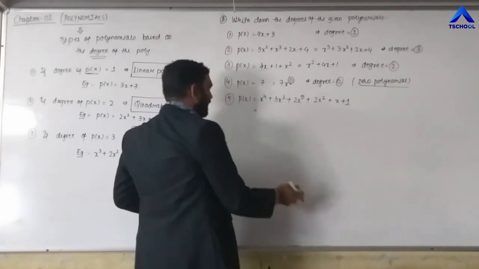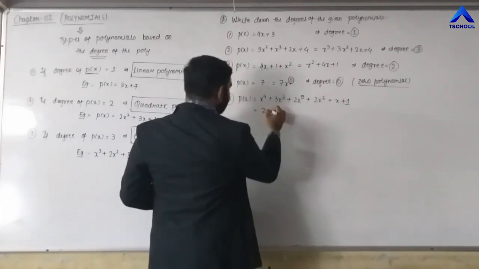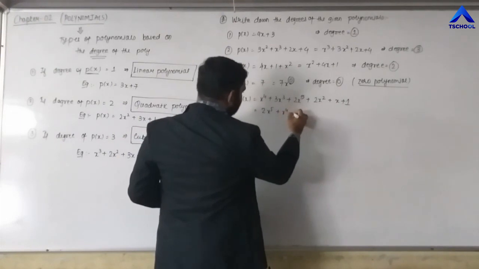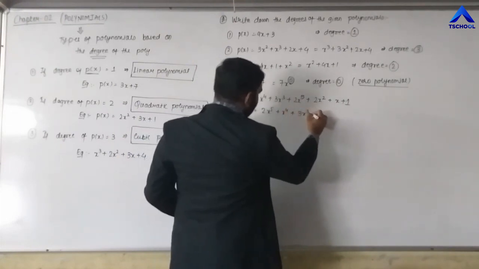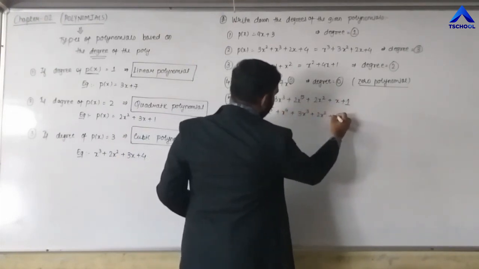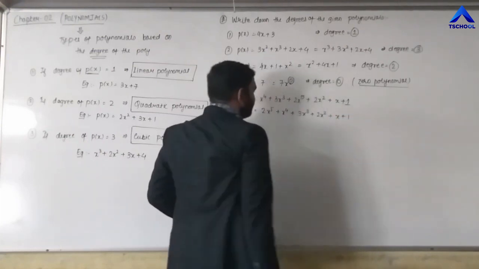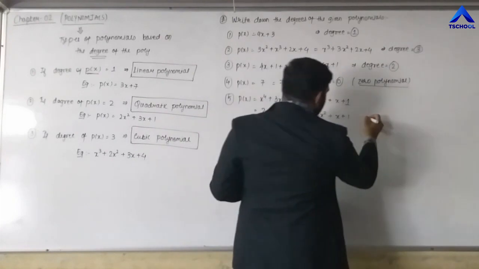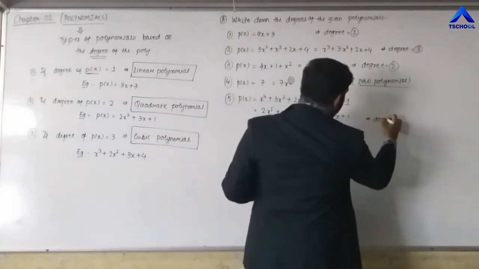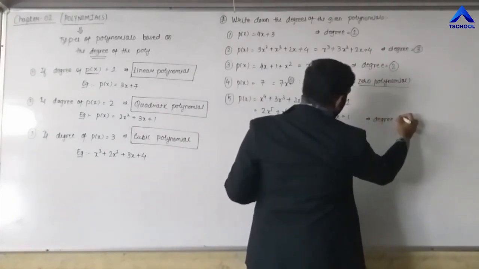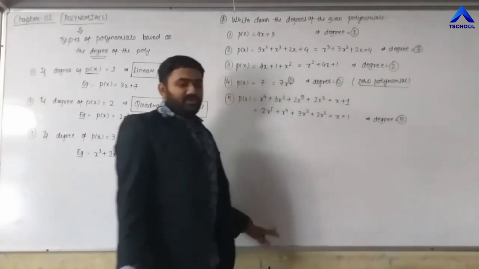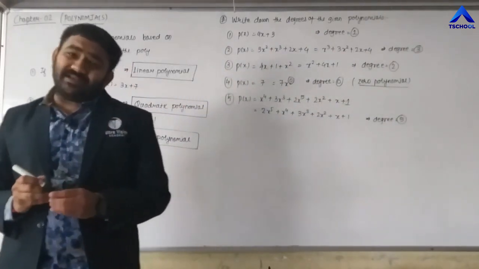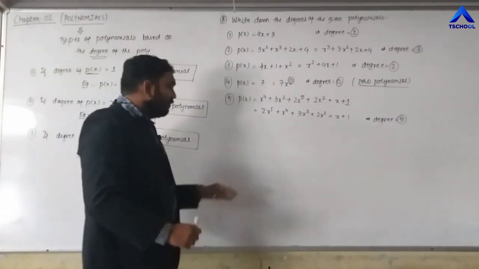Now looking at the fifth and last example, we have the terms not arranged here. So first of all we shall arrange them: 2x raised to 5 plus x raised to 4 plus 3x cube plus 2x square plus x plus 1. Now you can clearly see that this polynomial has a degree of 5. Now you will get a question in your mind, sir, we didn't study a polynomial of degree 5, then what is it known as?